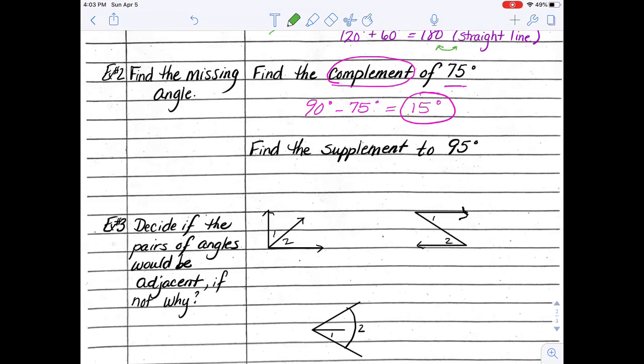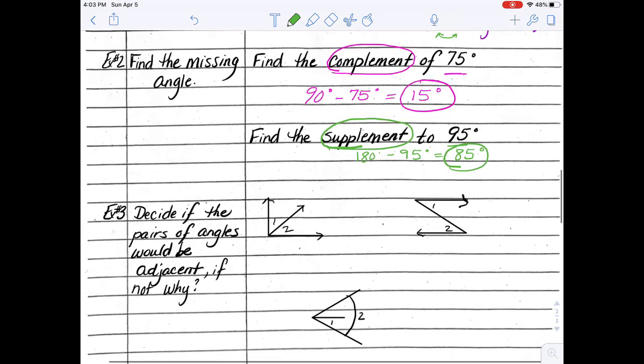Looking at the next one, if I said a supplement, supplement means I'm going to get a straight line. A straight line is 180 degrees. 180 minus the 95 that you can see we have right here means that the supplement would have to be an 85-degree angle. So that would be the supplement.